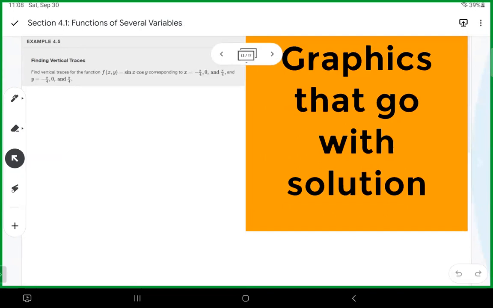Okay. So, finding vertical traces. Find vertical traces for the function f(x, y) = sine x cosine y, corresponding to x equals negative pi over 4, 0, and pi over 4, and y equals negative pi over 4, 0, and pi over 4. So first, we're going to set x equal to negative pi over 4 in the equation.